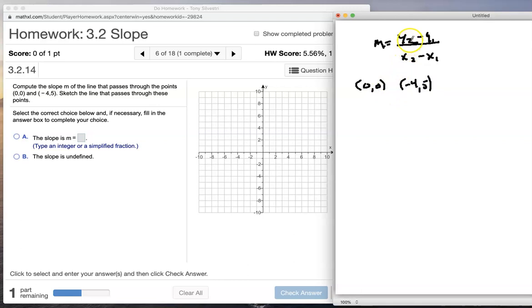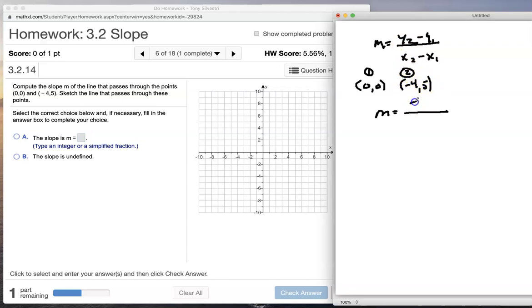Okay. These subscripts indicate which point you're dealing with. So let's pick the first one as point 1, the second as point 2. It doesn't really matter. Now I'm going to plug those values into my slope formula. y2 is the second point.